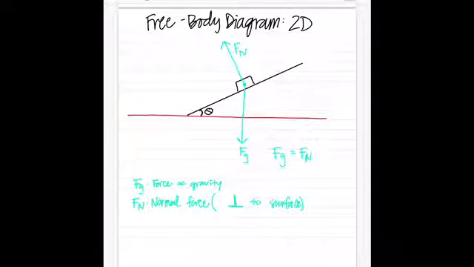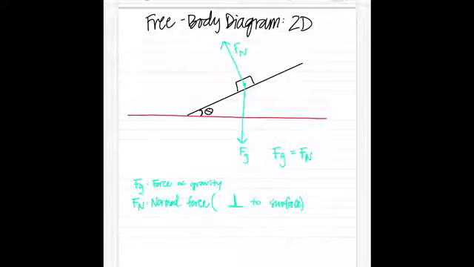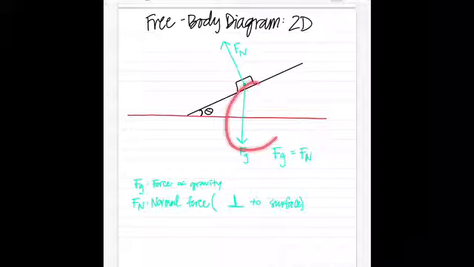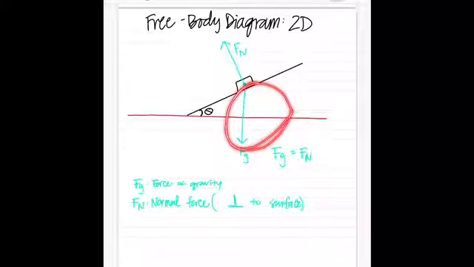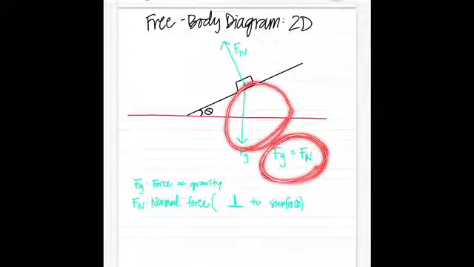Just to make things a little bit easier on us, I'm actually going to draw the x and y components down here, in terms of gravity. That's okay to do, because remember, gravitational force is equal to normal force. That still stands true, even if it's on an inclined plane, that they are still equal but opposite.